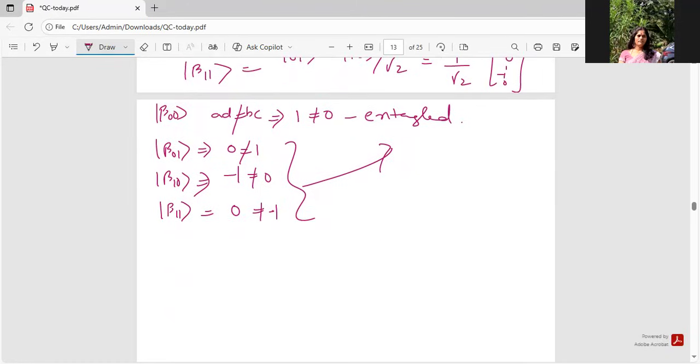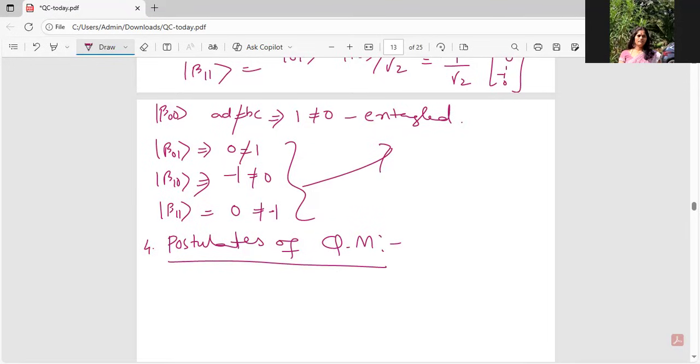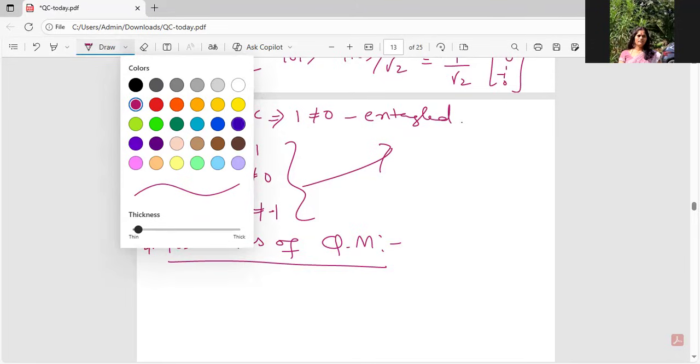The postulates of quantum mechanics. In a broader sense, there are four postulates, guys. What exactly those postulates are, you know, by the way. Just let me tell you so that you remember.